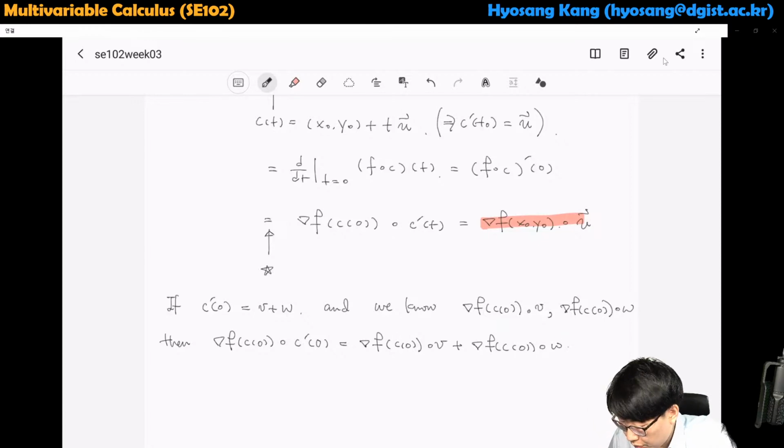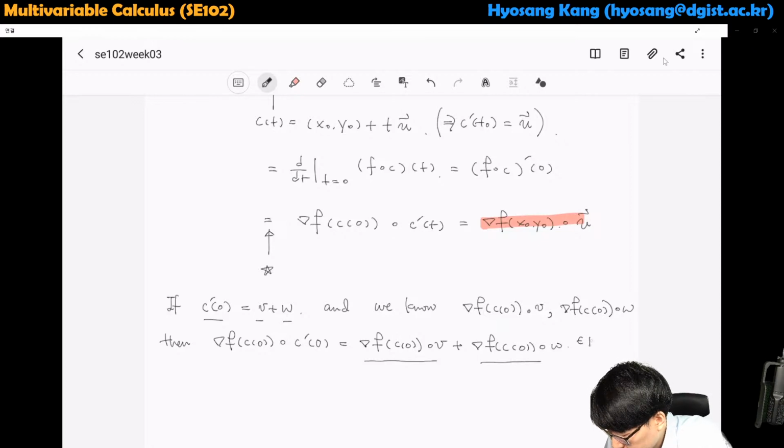Okay, so I'm saying that we assume that we don't know the gradient itself, but we know the inner product of the gradient and some component vectors. Then we can find the gradient's inner product with the original composition of vectors by taking the sum of two scalars here.